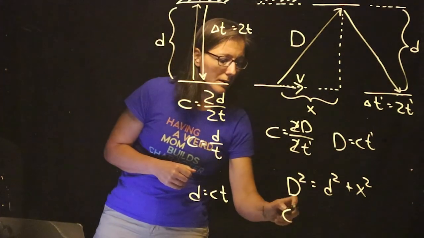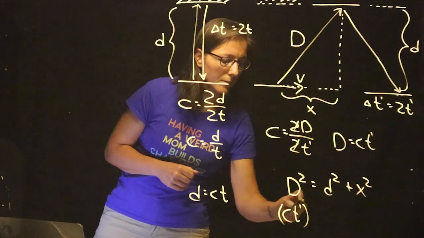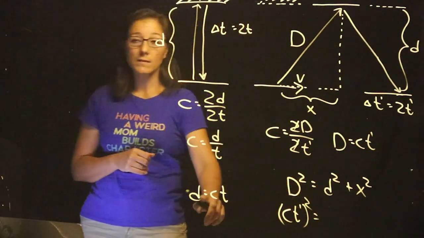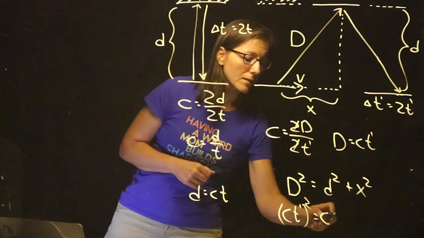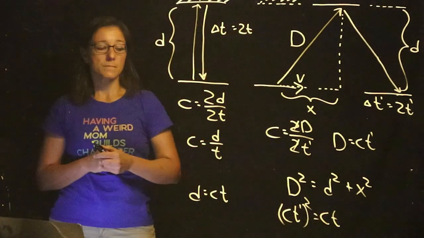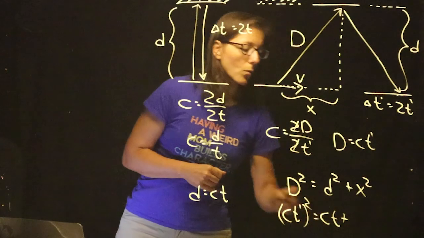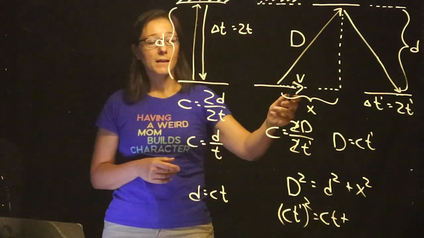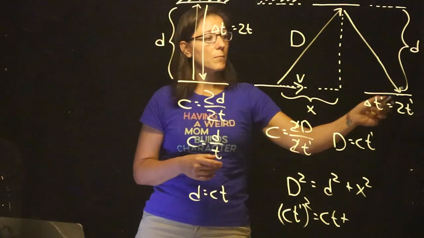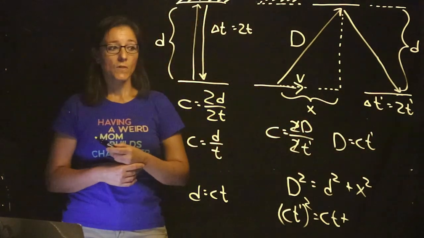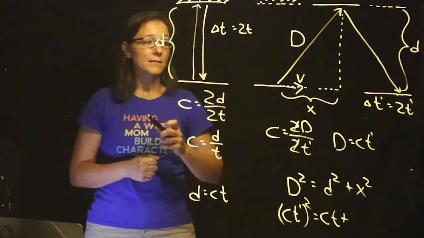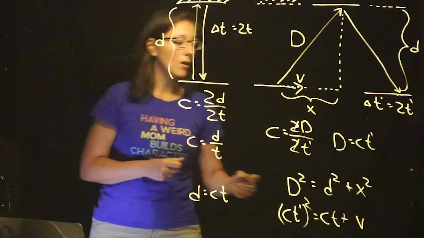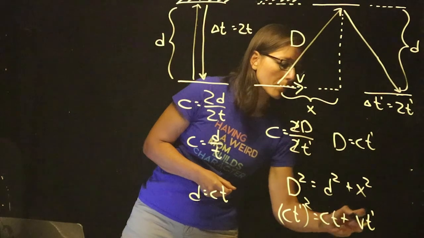This big D is equal to ct prime. This distance we already know is equal to ct. What is x? Well, if velocity is equal to distance divided by time, then this x is equal to v, the speed your vehicle is going, times t prime.